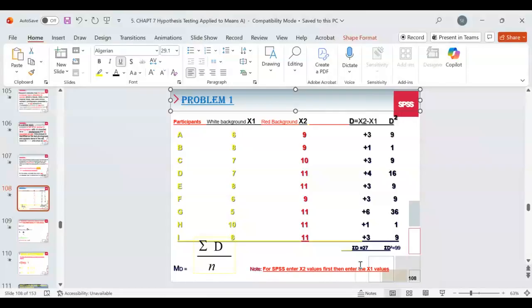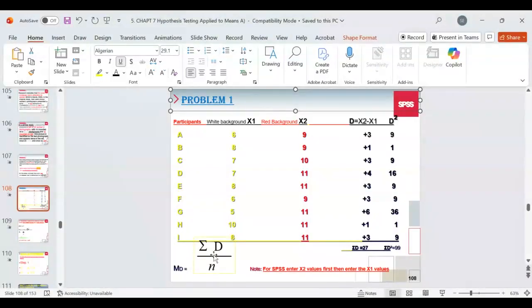You add them up, so sum of D is 27. And then you square your D's. So 3 squared is 9, square of 1 is 1, and square of 3 is 9. You add up your D squared, sum of D squared is 99. We need those to calculate SS.